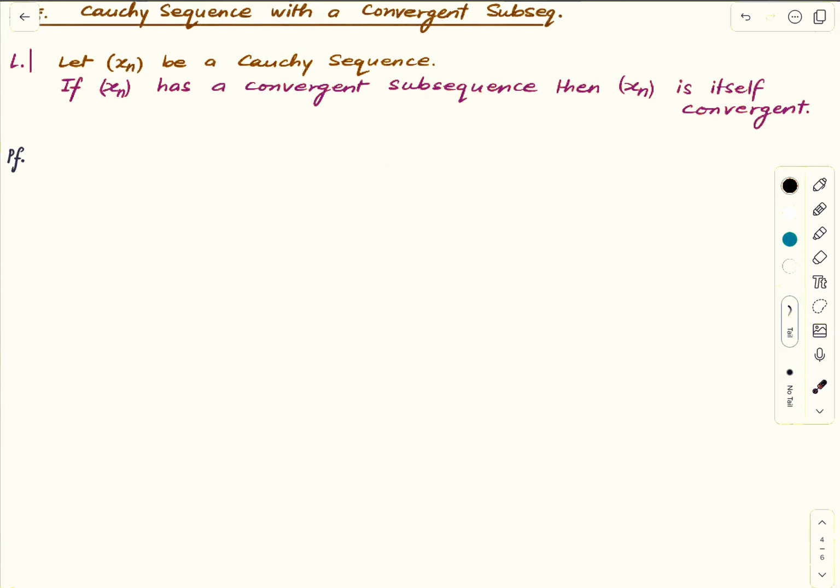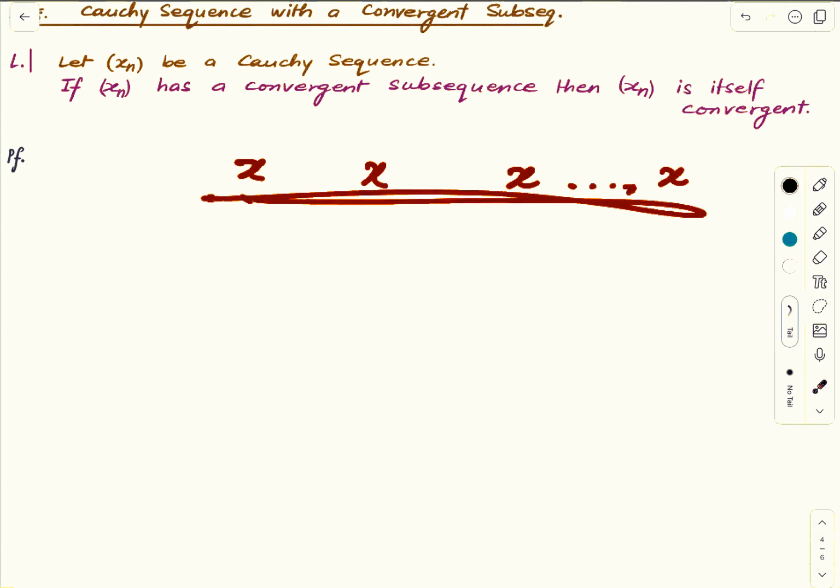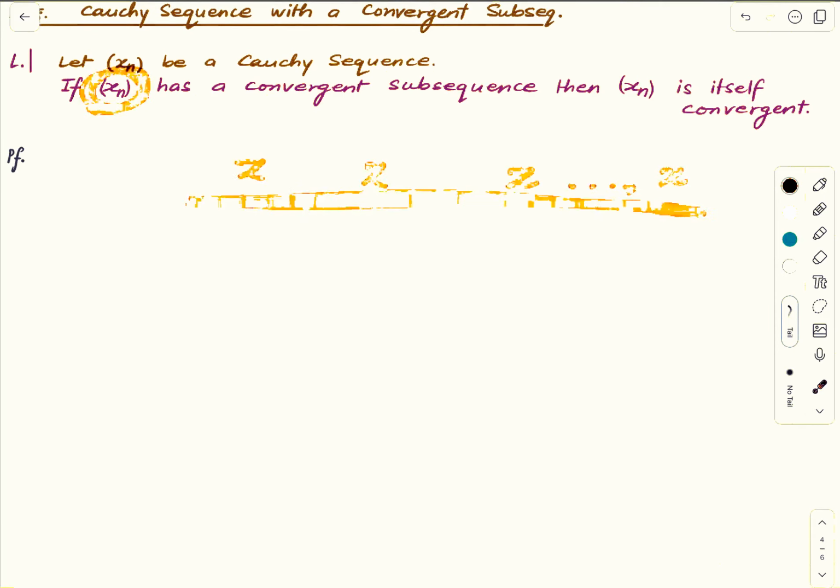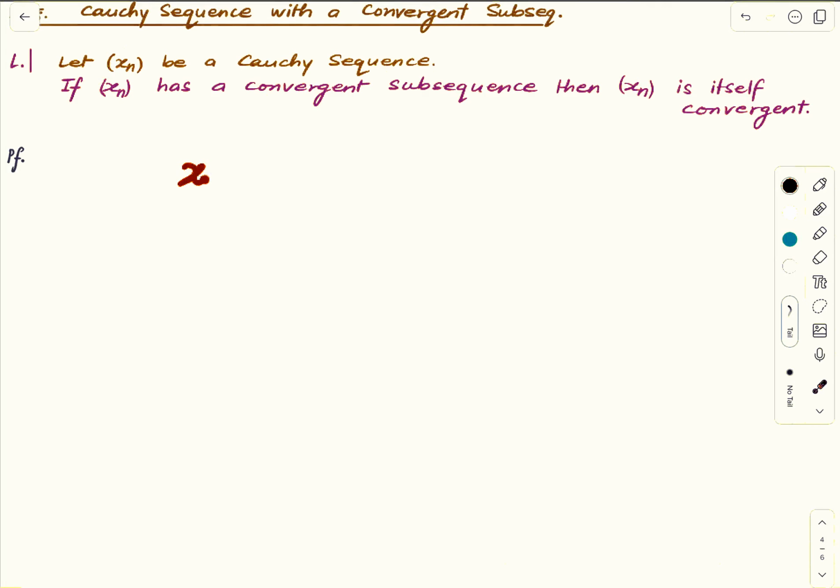So suppose this houses a constant subsequence rather than a convergent subsequence. Let us more strongly assume that this guy has a constant subsequence in it. So if this same number appears frequently in the sequence, there is some number x which appears frequently in the sequence.